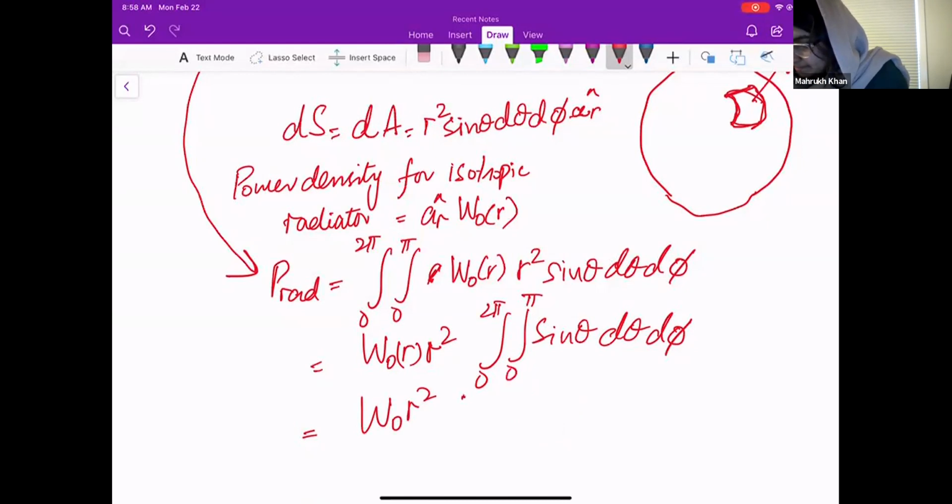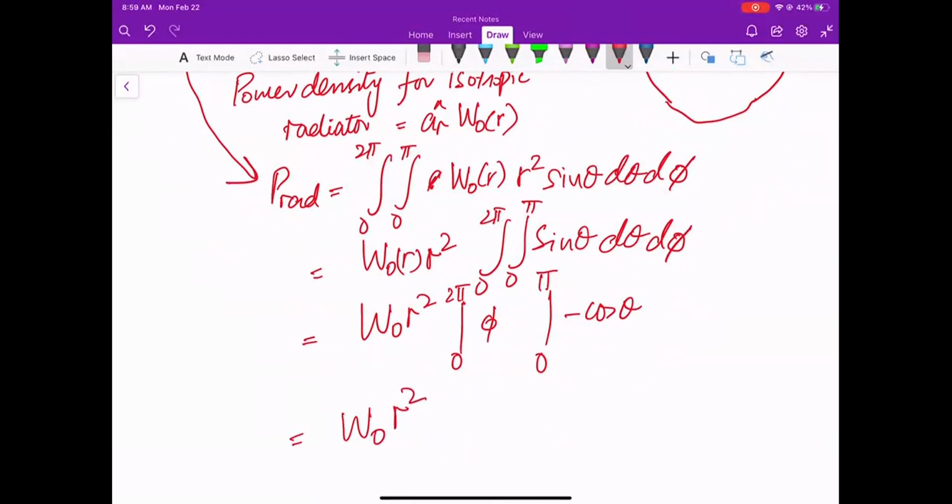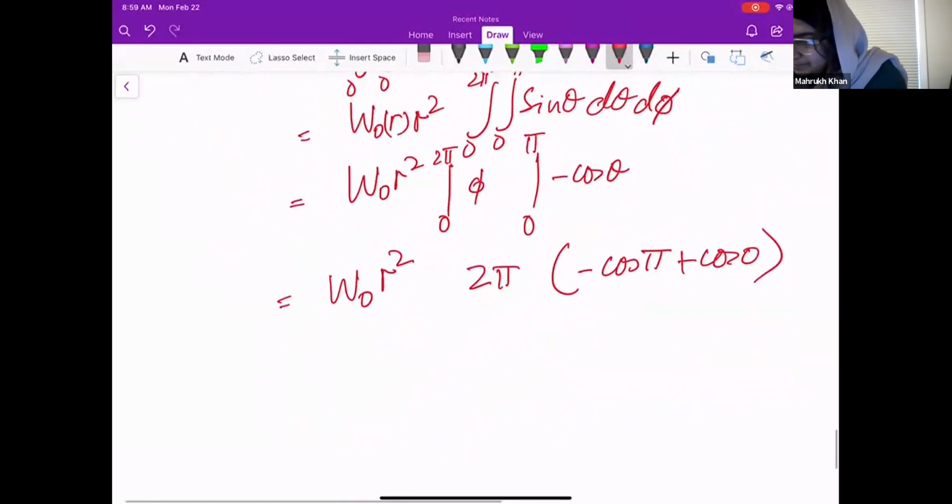Phi will give me 0 to 2 pi, and theta will give me 0 to pi of minus cos theta. Is it minus cos theta or cos theta? What do you think? Minus cos theta. Okay, so it will be 2 pi, then minus cos pi plus cos 0. Yes, okay.